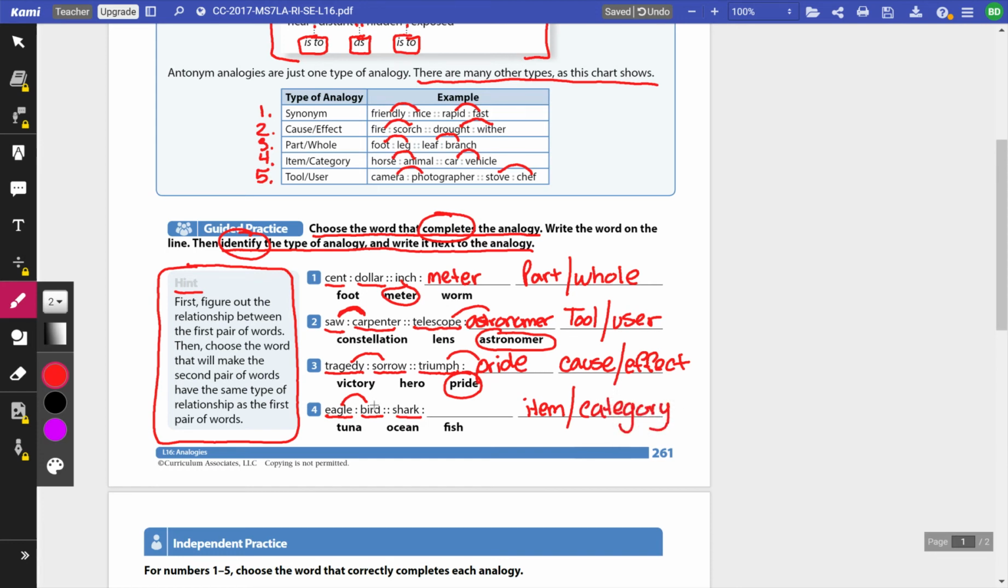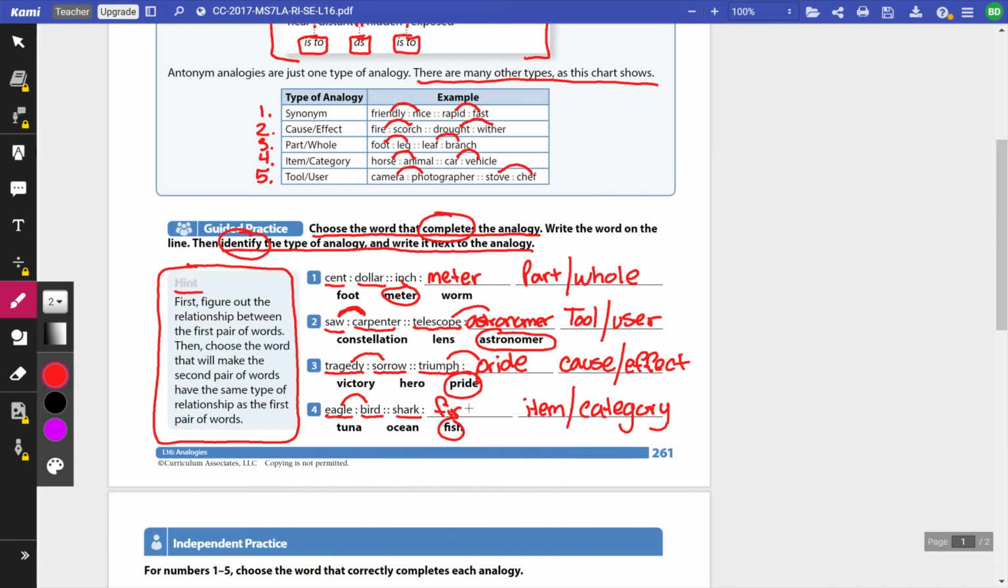Our bird is the category and the eagle is the item that falls under that category. So we know that the second half of our analogy also has to be item to category. So we have shark. We know it can't be tuna. We know it can't be ocean because that's the place that the shark lives. So the only one it could work with is fish.